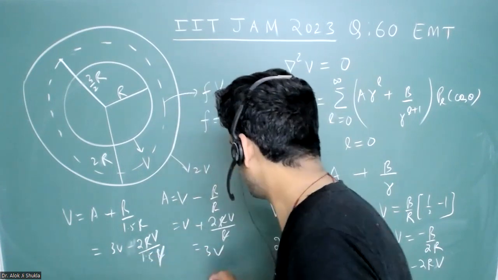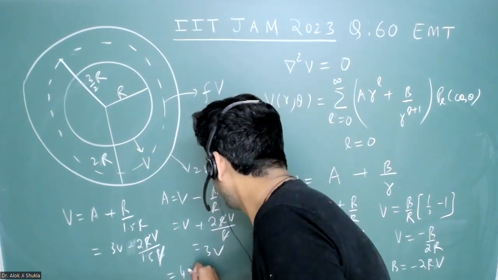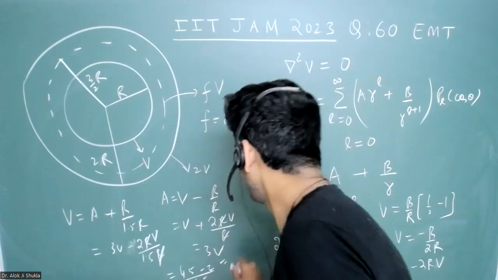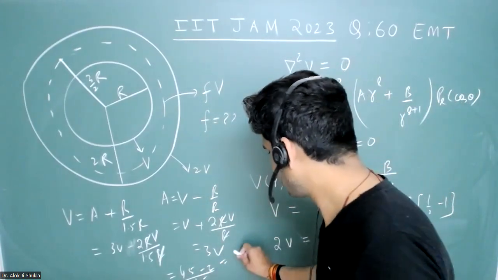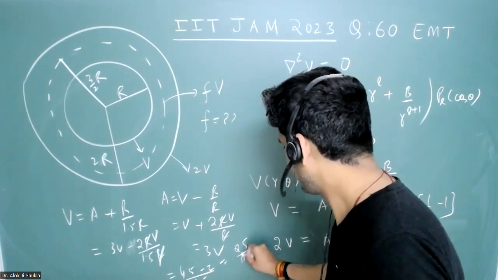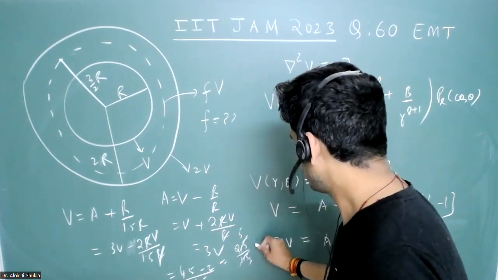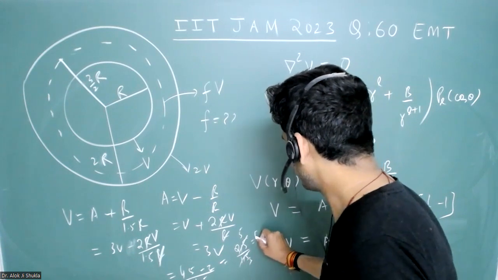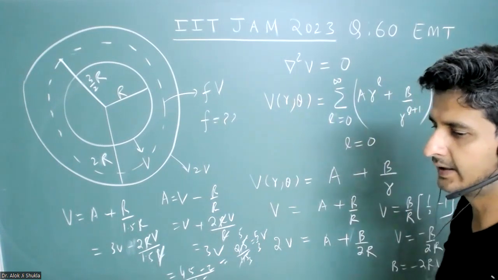So 3 into 1.5 will give you 4.5 minus 2 by 1.5, which is equal to 2.5 over 1.5. So 5, 3 are 15, 5, 5 are 25. So it is just 5 by 3V. Now you can divide it and get the value.